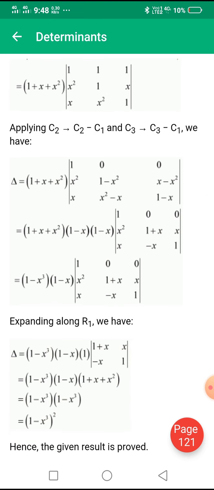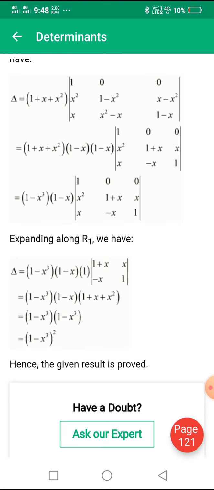So I got two factors of 1 minus x. If I multiply 1 minus x with one factor of 1 plus x plus x square, then I will get 1 minus x cube, right? We are left with one 1 minus x, and I will expand this determinant using row 1. The next factor that I will get will be 1 plus x plus x square.